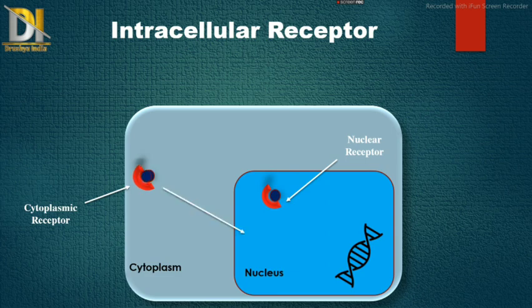Now the cytoplasmic receptor with the drug enters the nucleus, and the other receptor, that is the nuclear receptor, is already present in the nucleus. Both show action on DNA, meaning alteration takes place in DNA and further process takes place.